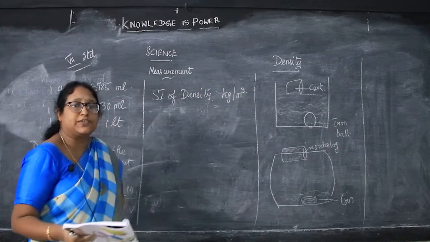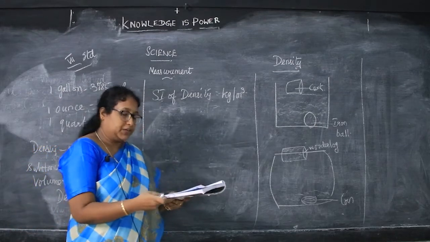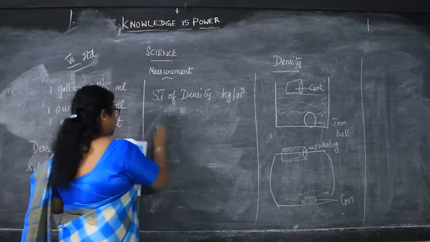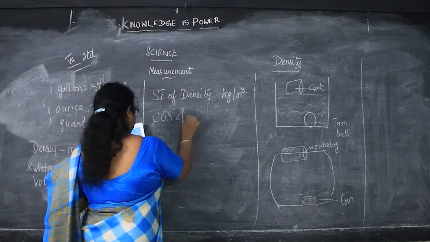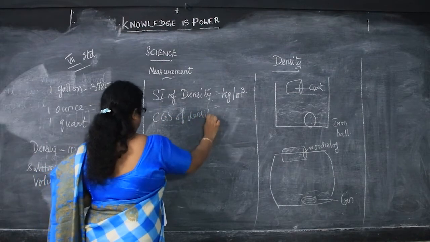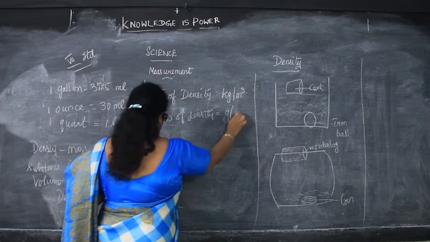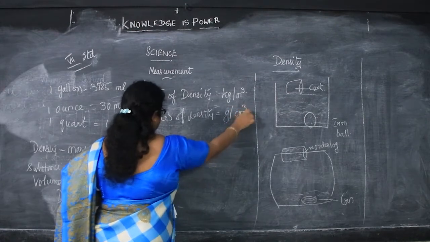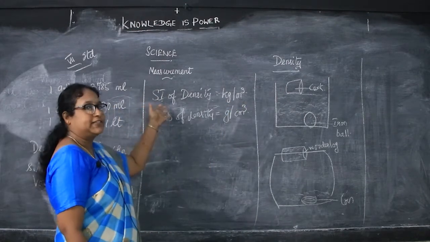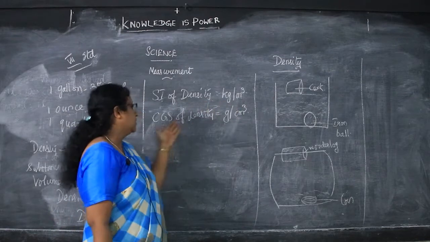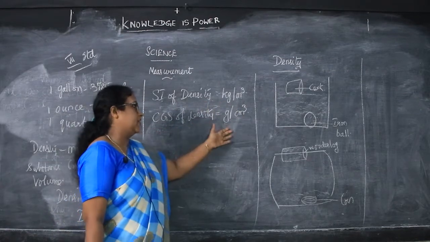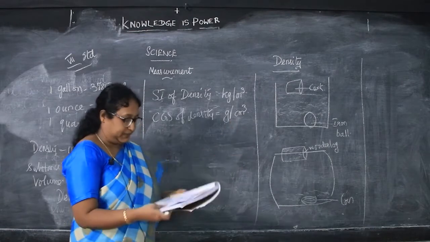The CGS unit of density is grams per cubic centimeter. So the SI unit of density is kg per cubic meter, and the CGS unit of density is grams per cubic centimeter.